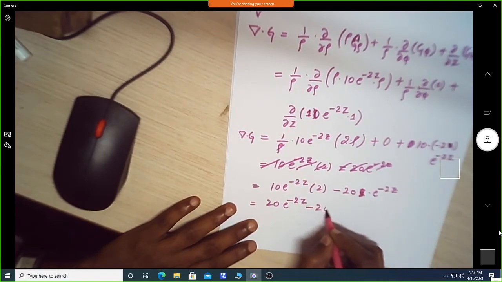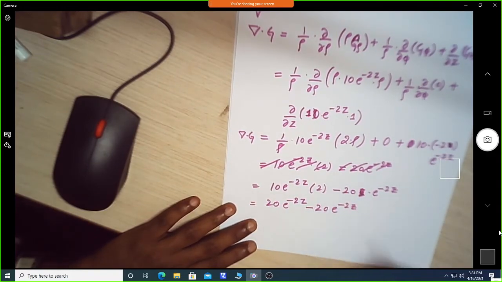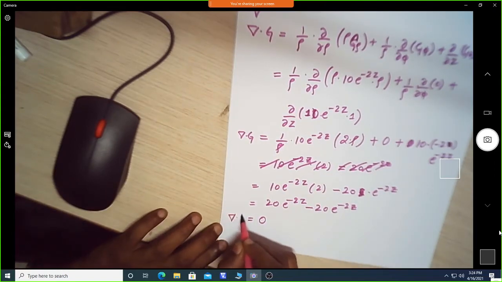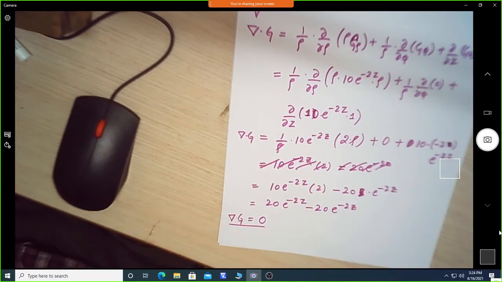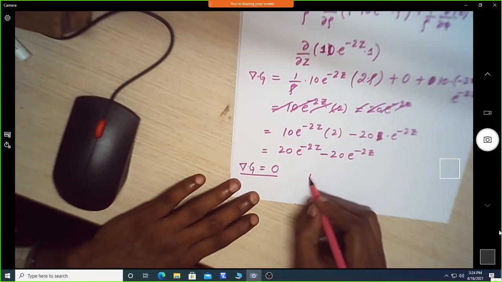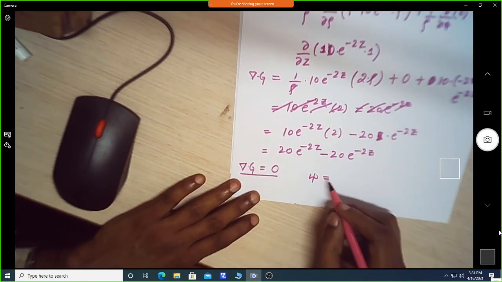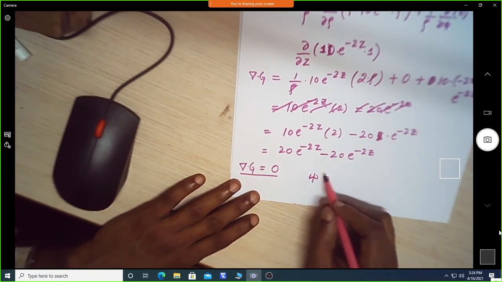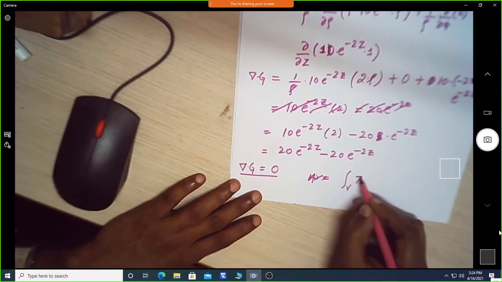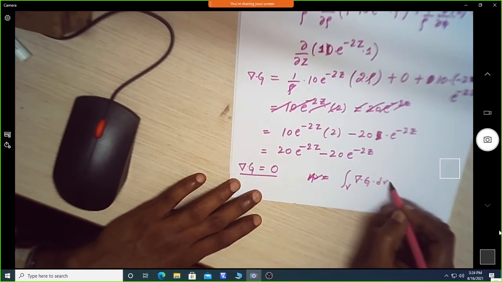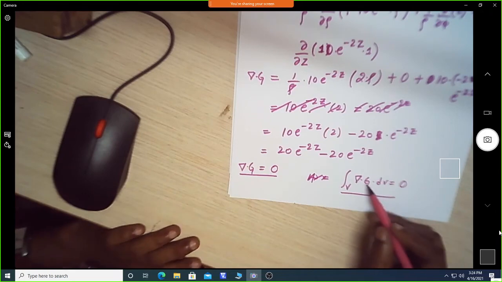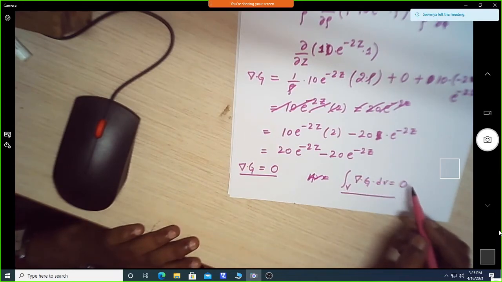So this will give minus 20 into e power minus 2z. So if you get this, this del dot G will be equal to 0. Now if we evaluate the volume integral of this del dot G into dv, it is 0. Since del dot G itself is 0, the integration of this is also 0.